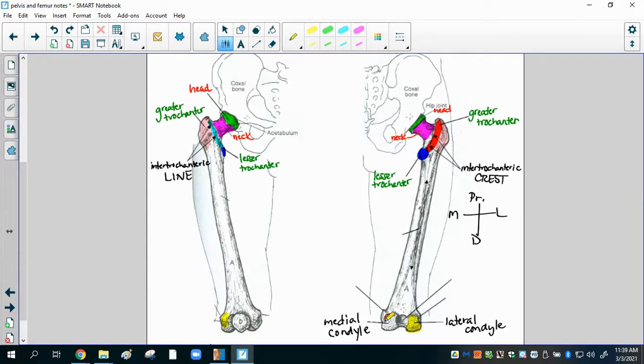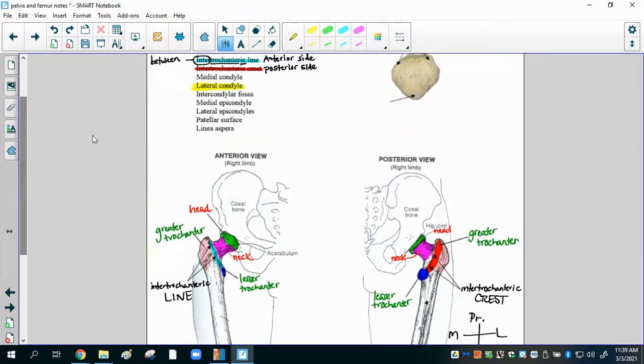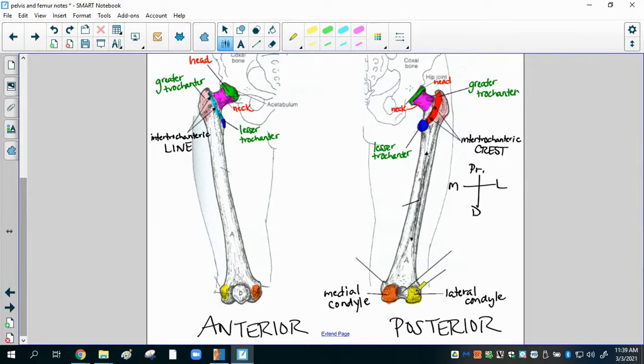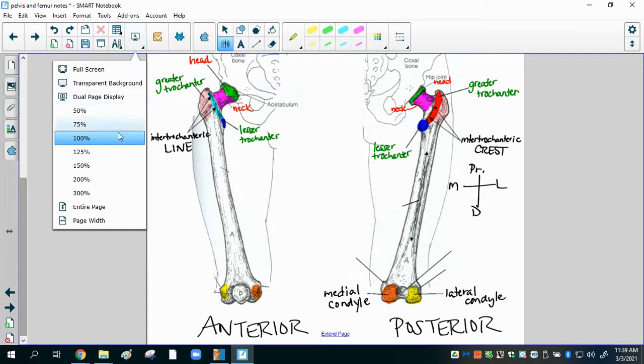And medial condyle. A condyle is a knuckle-shaped bump that forms a joint. I would definitely say that you probably can see why those are considered knuckle-shaped, and they form joints with the tibia. The tibia, by the way, is going to have the exact same setup.